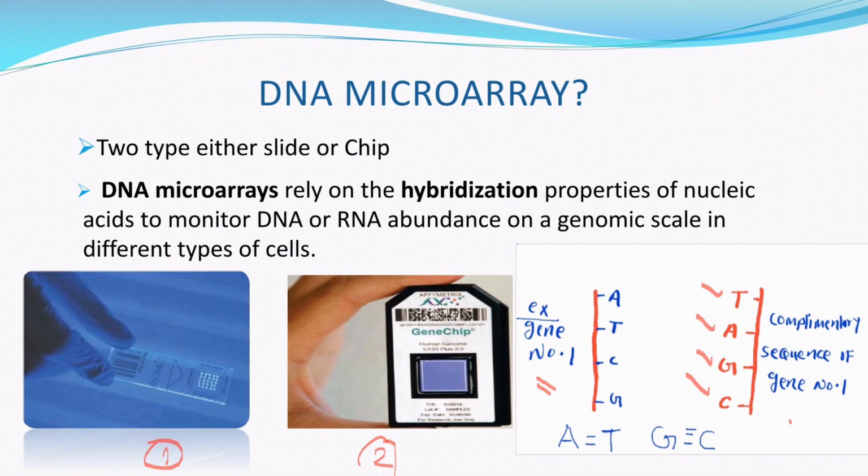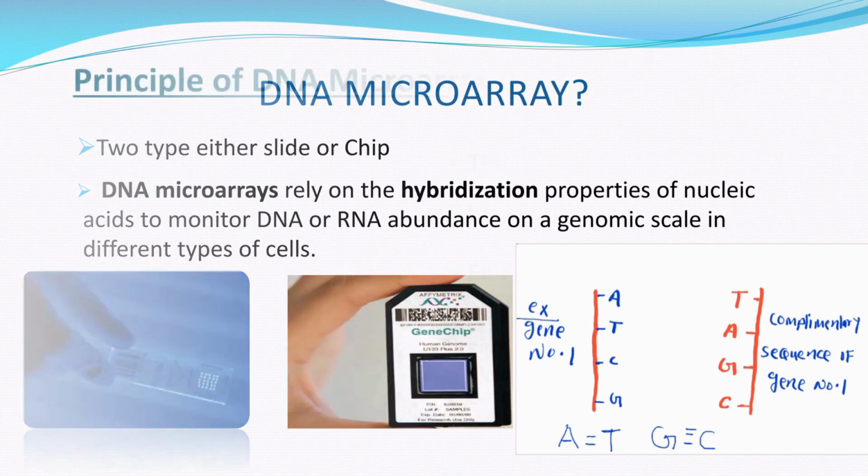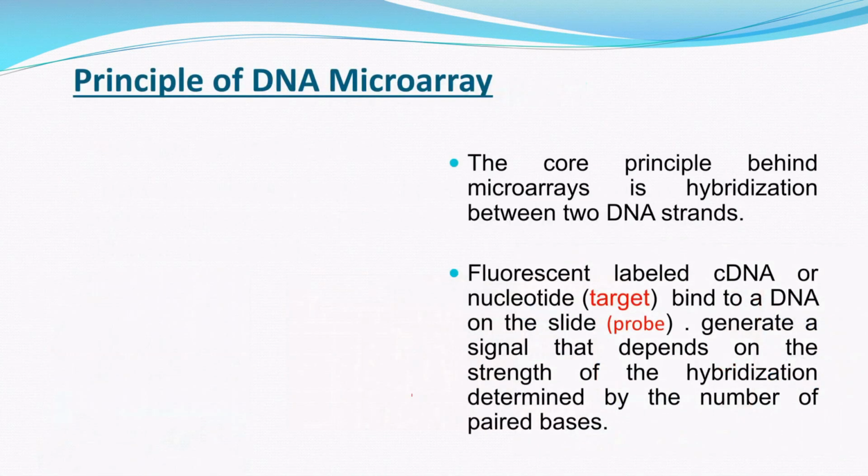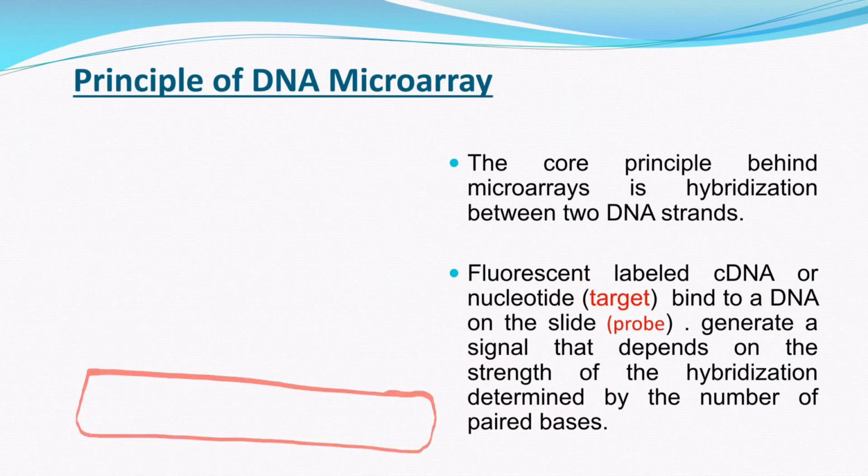So this is the basic concept of DNA microarray. We can use either a conventional glass slide or a more advanced DNA chip. The principle of DNA microarray is only simple hybridization. Suppose this is a glass slide with one hole containing DNA.